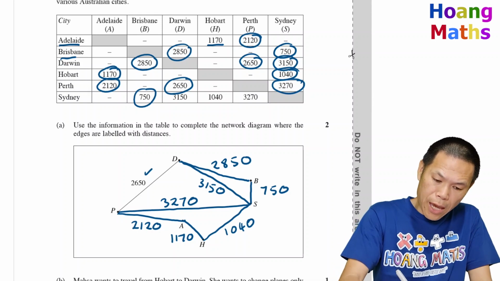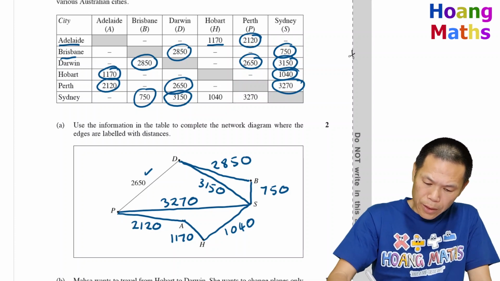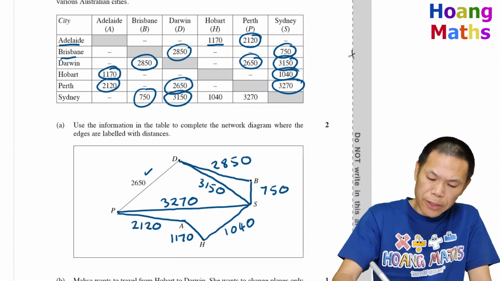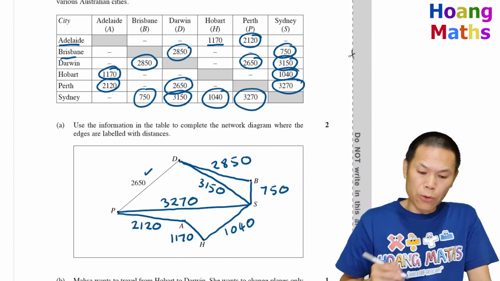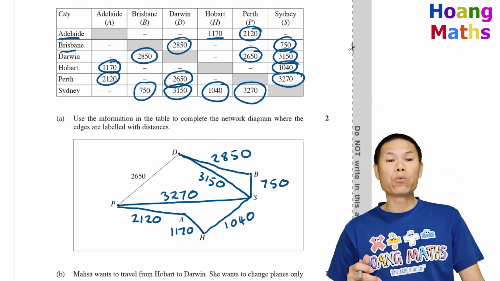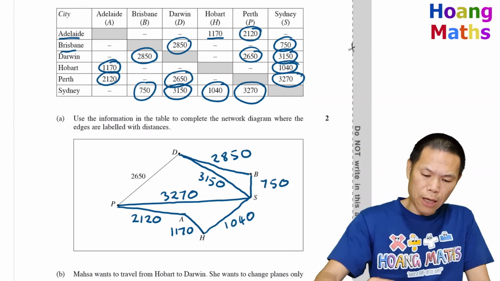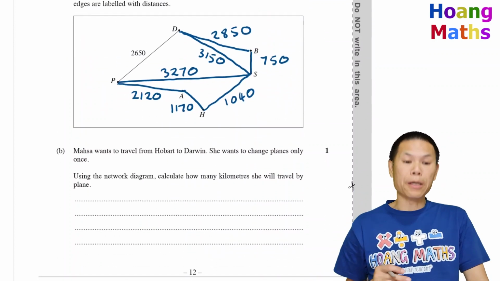And S to D, Sydney to Darwin, already did. And S to H, we did that as well. And S to P, already done. So now that's it. That is the network diagram for the table here.